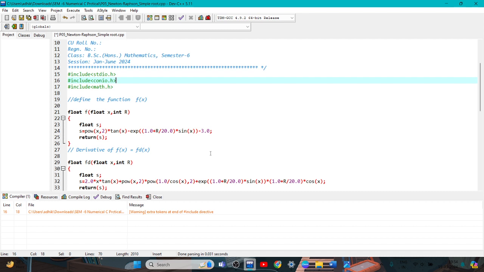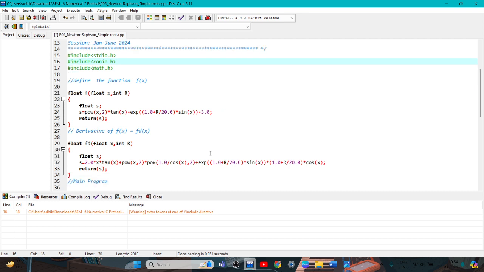Return s. Next we define the derivative of f(x) and call it fd. This is also a float type function: float fd, and the arguments are float x and integer r.